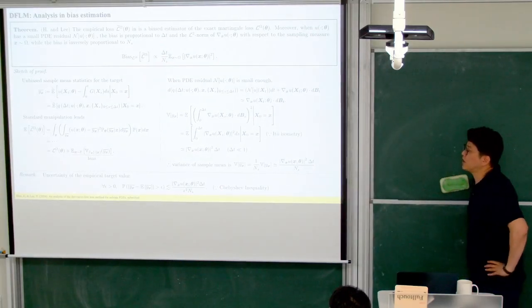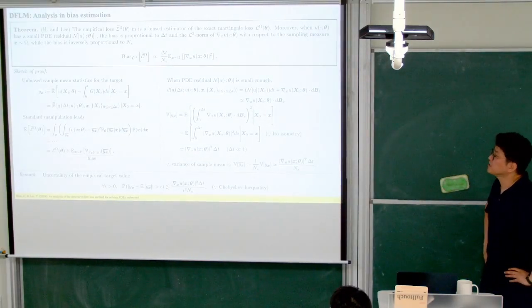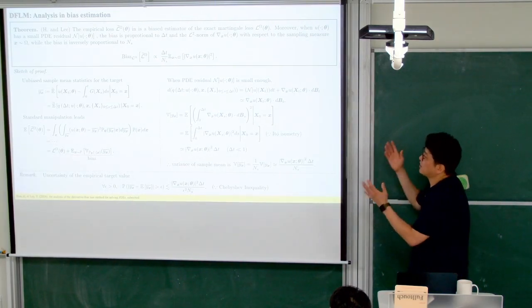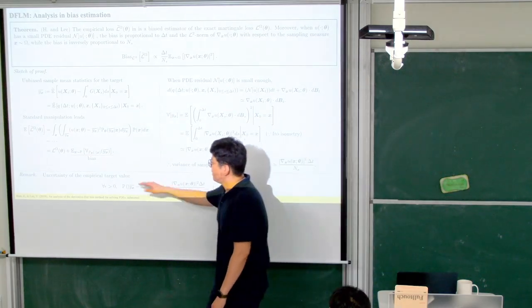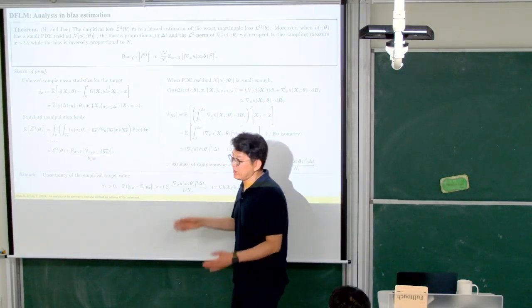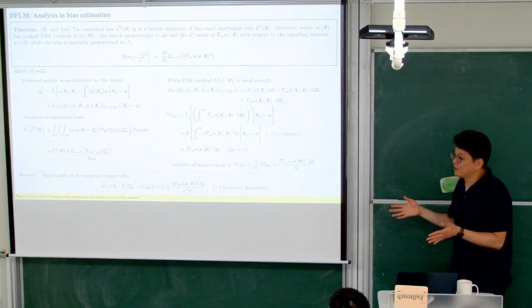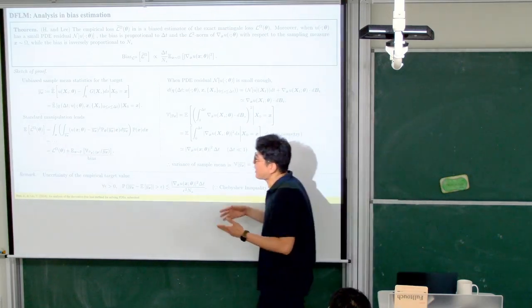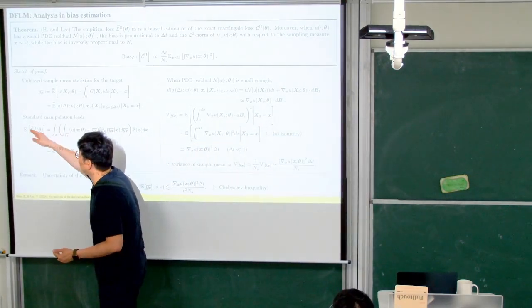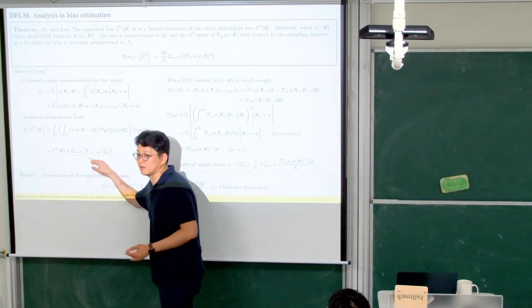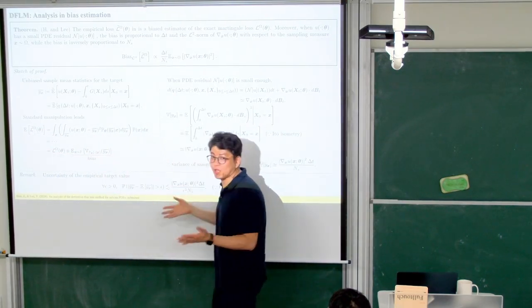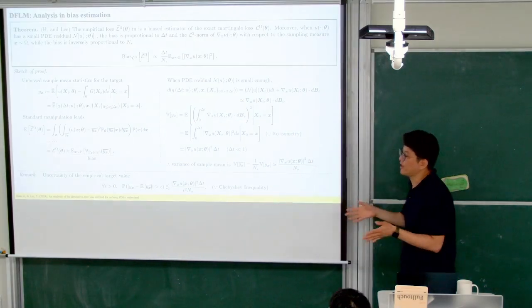Another remark of this analysis, which I actually like, is this. We have a bias, so what is the effect of the bias in training? We know that the expectation of the empirical loss is different from the loss, and we have a bias term, but how does it affect the training?